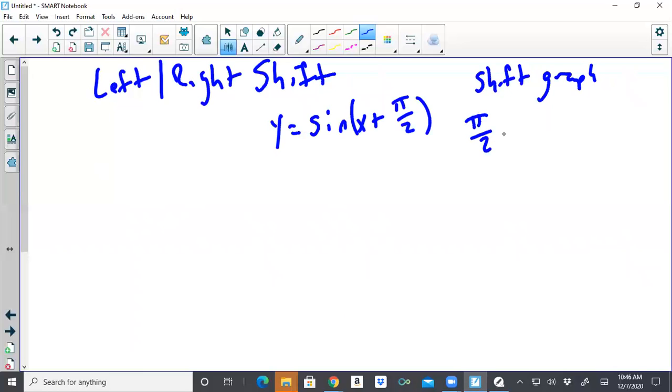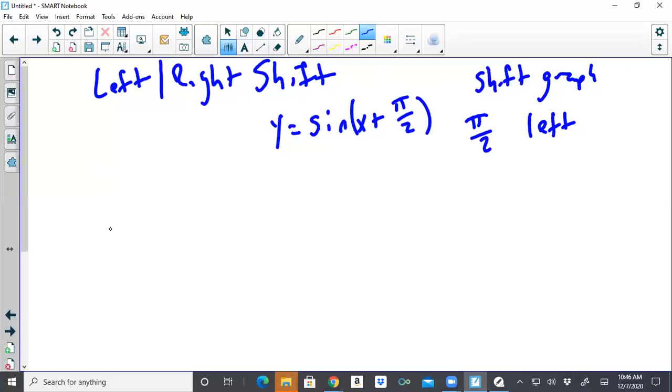Which way am I going, left or right? Left. So I'm going to shift the graph pi over 2 units left. If I have a plus sign here, I'm just shifting the graph pi over 2 units left. That's the same way that I would have before.